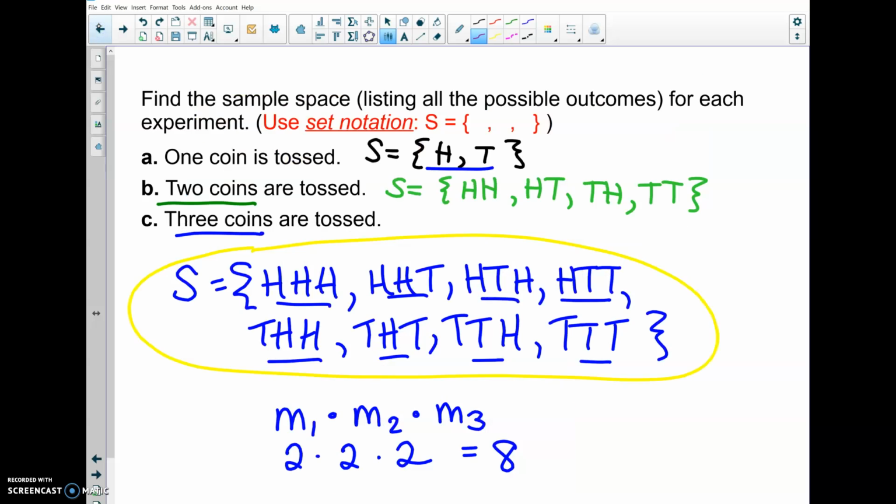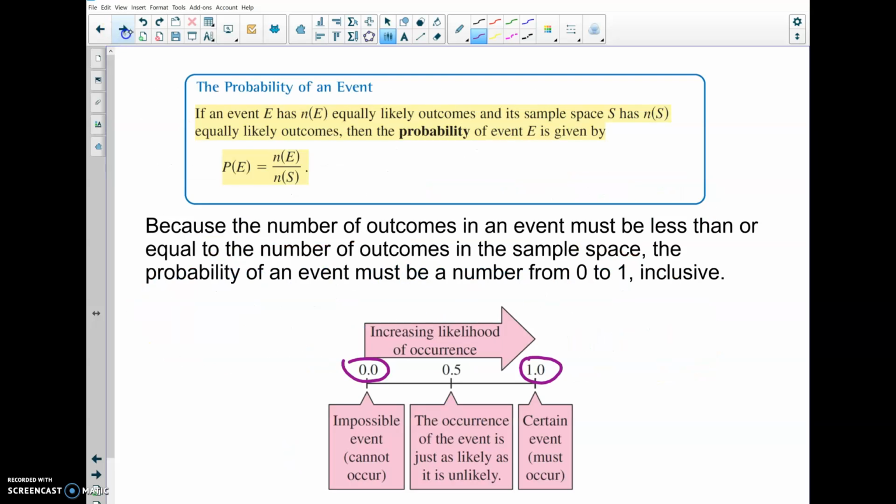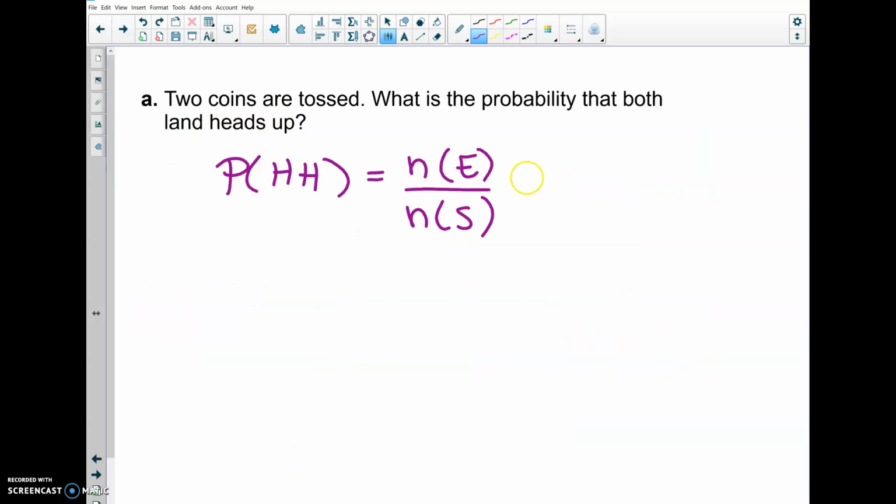We're looking at this one here. Here's our sample space, and we're looking for how many is where 2 are heads up. So that's only this one right here. So the number of our events with 2 heads up is 1 out of our sample space that had 4. So the probability is 1/4, or you could say 0.25.